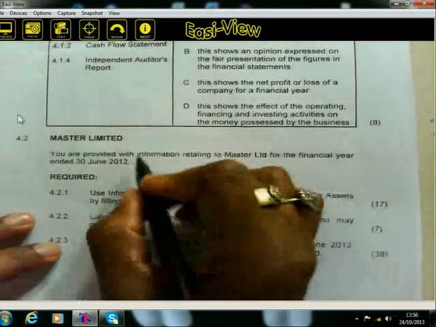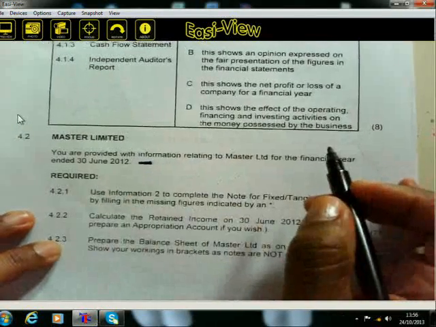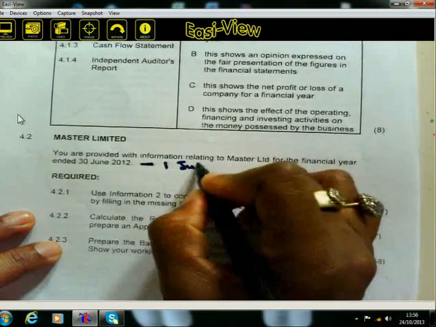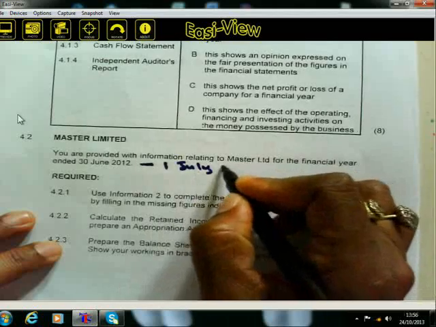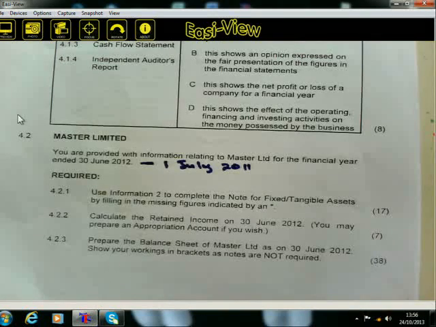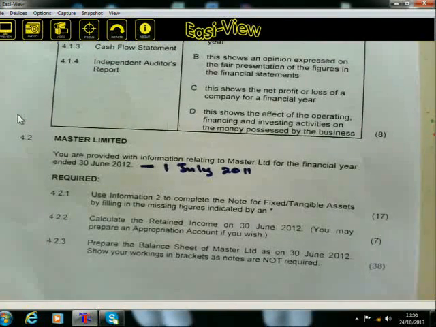So if it ends on 30 June 2012, it started on 1st July 2011, when we count backwards. Required: use the information to complete the note for the fixed or tangible assets by filling in the missing figures indicated by an asterisk sign.